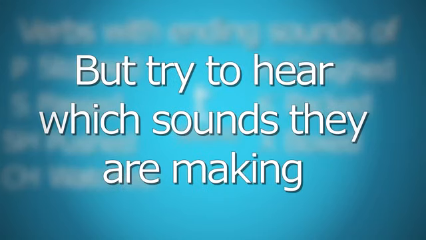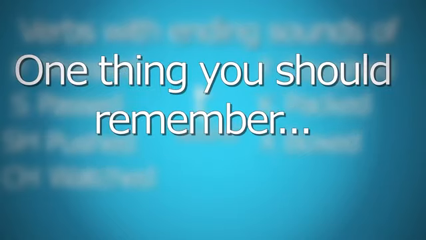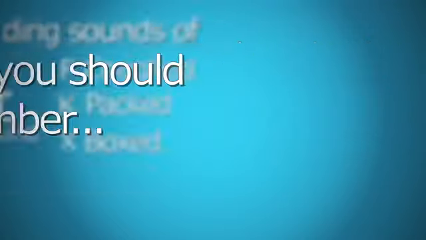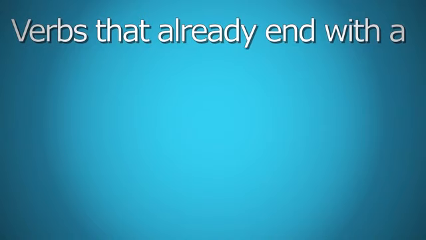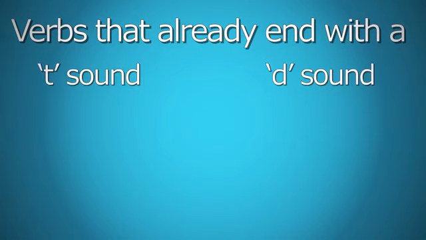Now, you don't need to remember all of these sounds, but just try and pay attention and hear which sound they are making. But one thing you should remember is that when a verb ends in a T or a D sound already, it has an extra id sound.